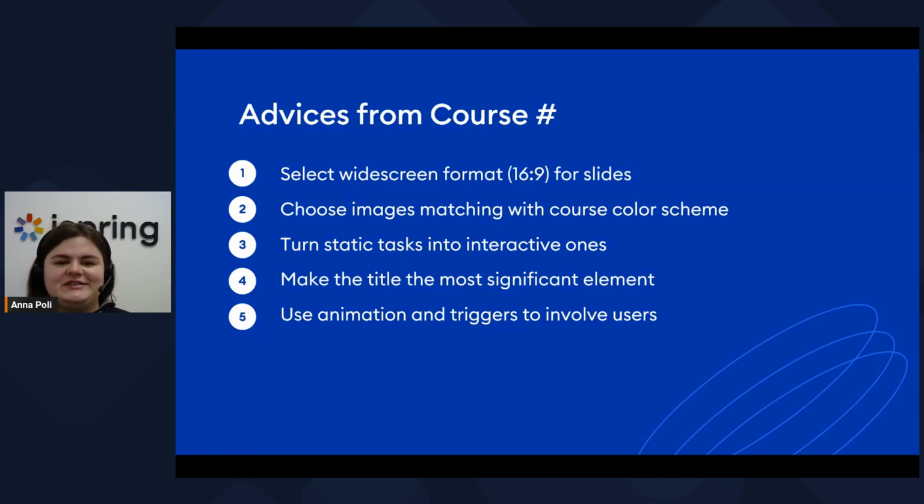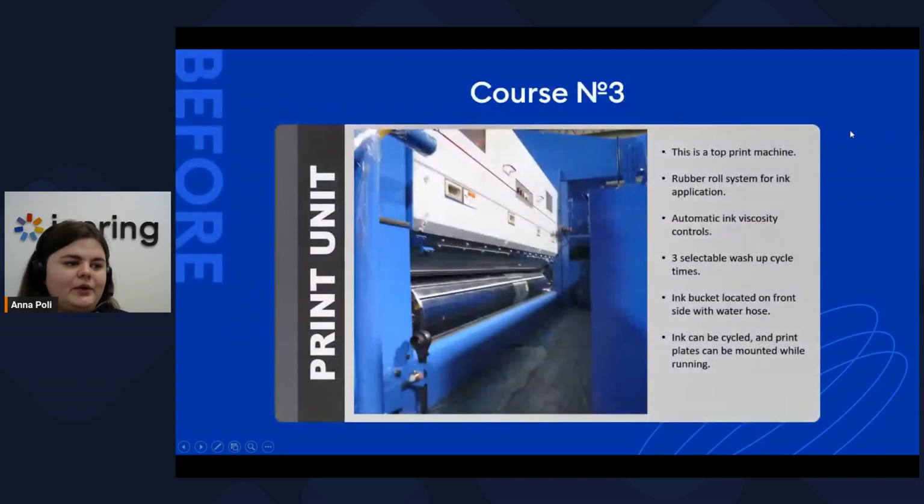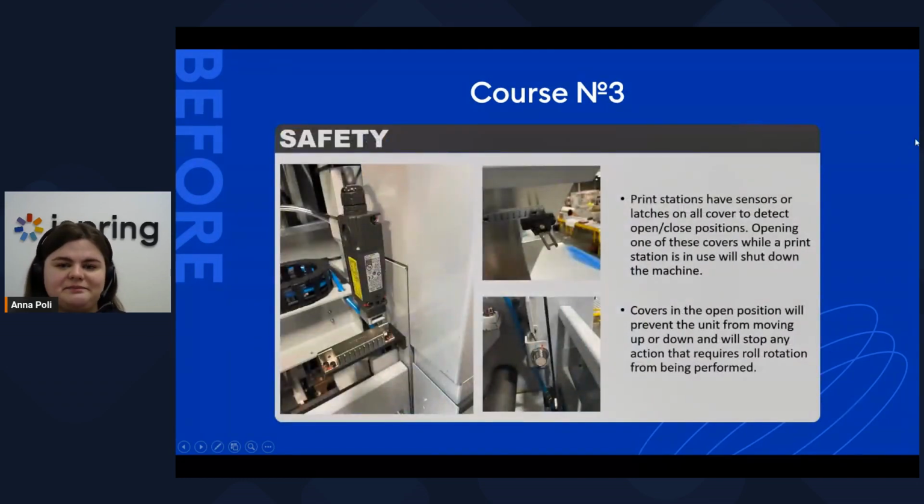Attract users' attention to the title by making it the most significant element of the slide. Using animations and triggers on slides involves users in learning a lot, but do not overuse them because a lot of triggers and animations can irritate learners after a few slides. And balance is key here, right? Now I believe we can go to the next course.